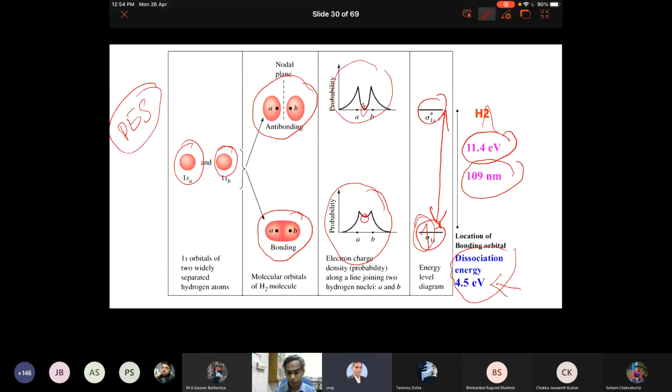I will explain it briefly at the end. So now I could qualitatively convince you that whenever there is an overlap between two atomic orbitals, according to the linear combination of atomic orbitals principle, there is a bonding MO as well as an anti-bonding MO.